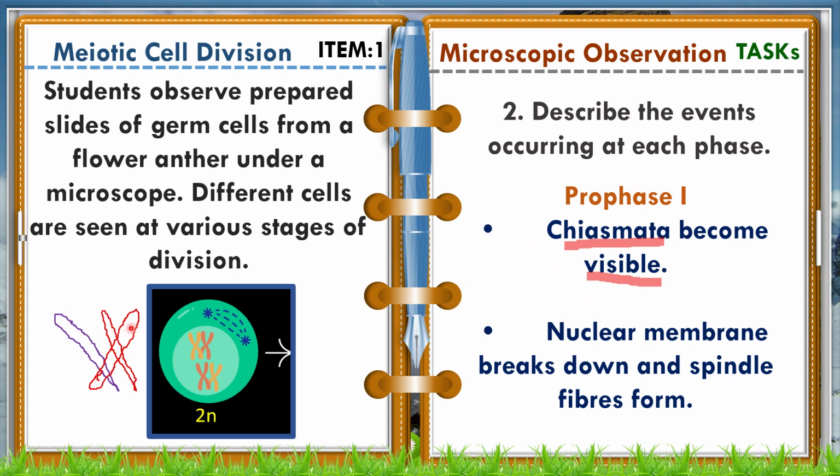This one and this one, they are called sister chromatids. Then we have another one here. Now, this one and this one, they are sister chromatids. This one and this one, they are sister chromatids.